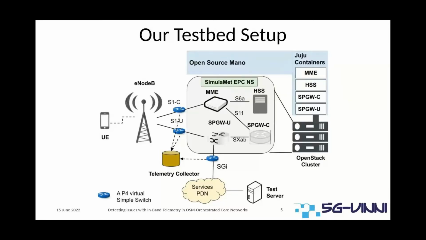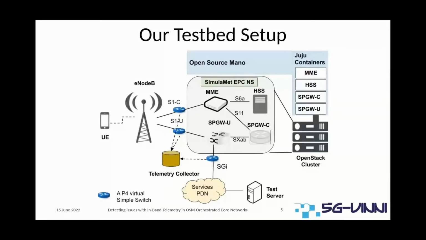But for in-band telemetry, we have our P4 switches. As I've said, these are software switches, so we have implemented them as VNFs as well and realized everything as a network service. These P4 software switches run custom programming for adding telemetry and providing this telemetry information to a component called the telemetry collector.